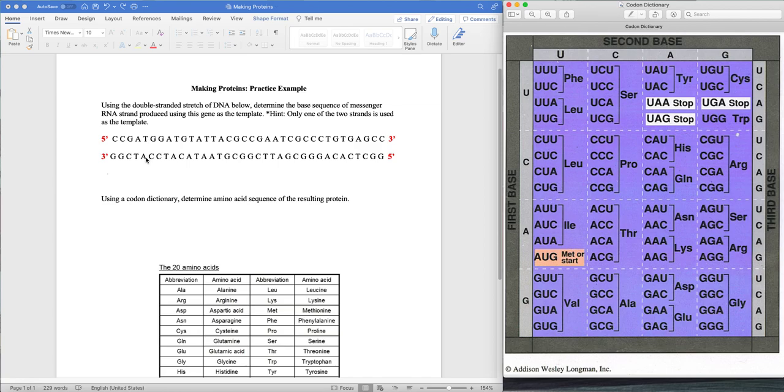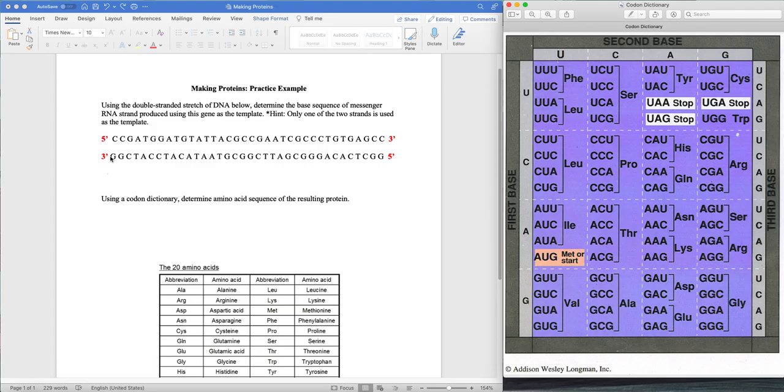There is, however, one key difference in RNA. The thymine, or T, is not found in RNA. Instead, the complementary base uracil, which is noted with the letter U, is included. So with this in mind, let's begin transcribing the DNA strand to make messenger RNA.